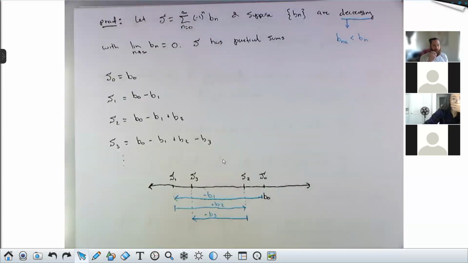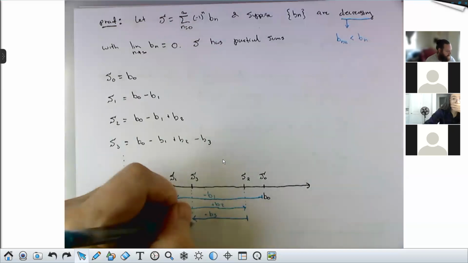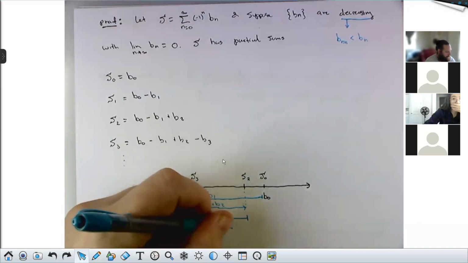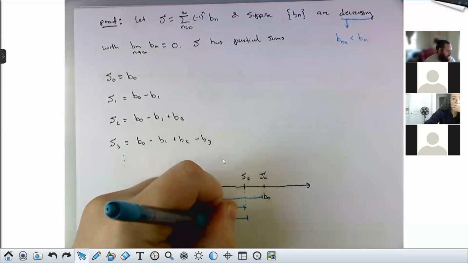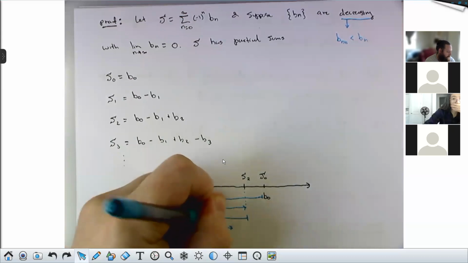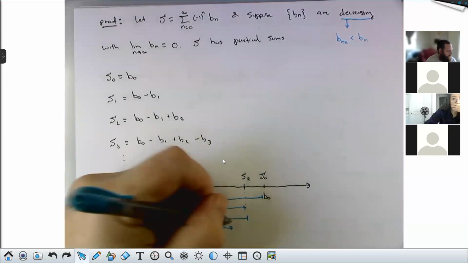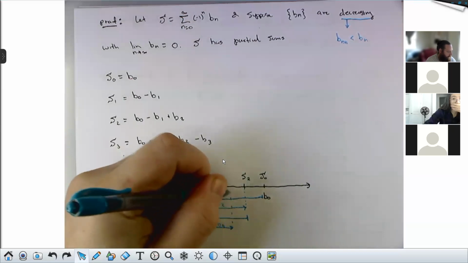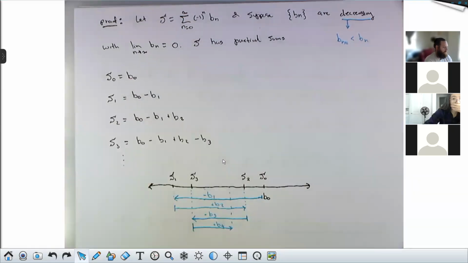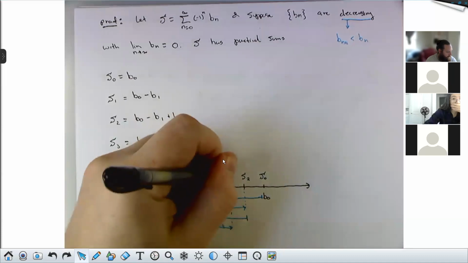And if you think about what this is going to lead to, right, to go from S3 to S4, we would add B4. B4 has to be smaller than B3 because the Bn's are decreasing. That means that S4 has to be in here.